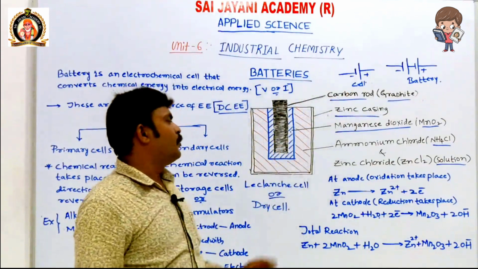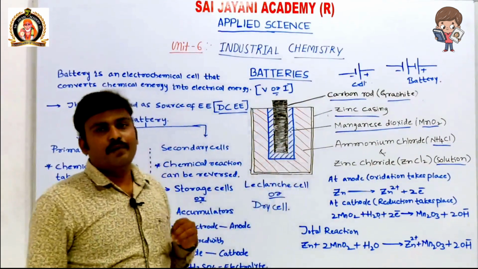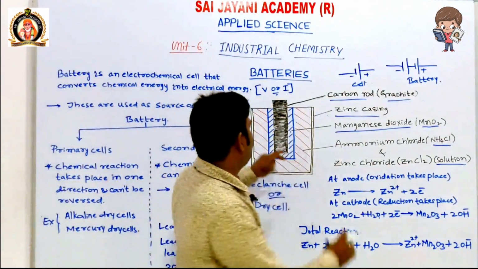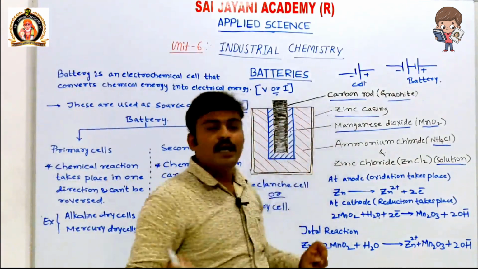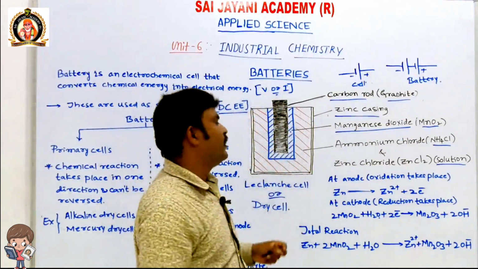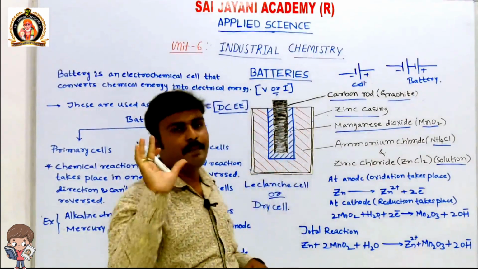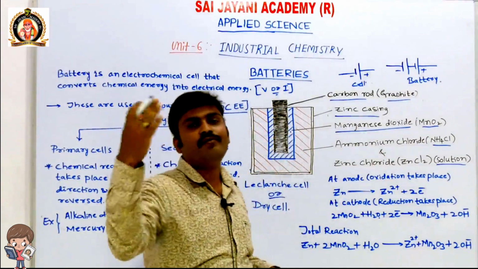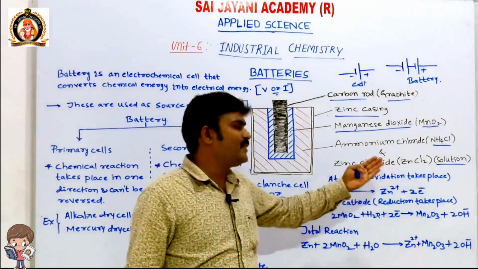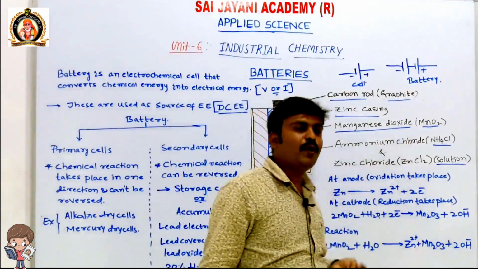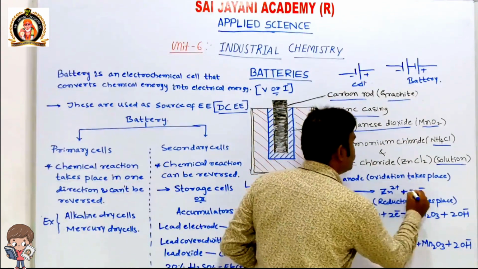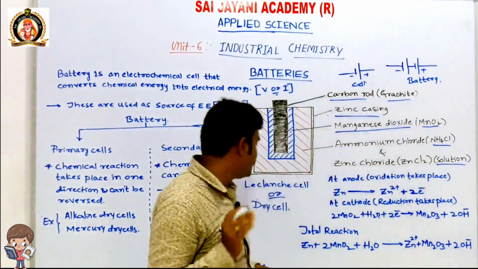Okay, so what is the working principle of this dry cell? Let us discuss. Usually these pastes with the zinc form the anode, and this carbon rod forms the cathode. Okay. At the anode, what happens? Oxidation happens. Oxidation means liberation of electrons. This zinc will be converted into Zn2+ liberating 2 electrons. So Zn gives rise to Zn2+ plus 2 electrons. Right?